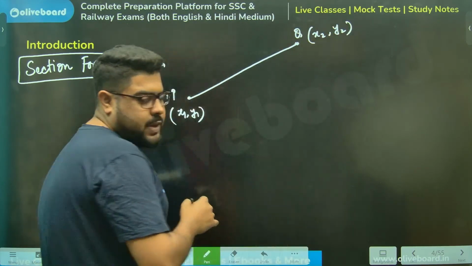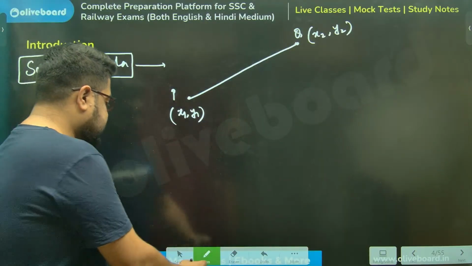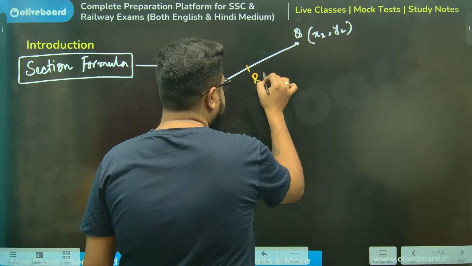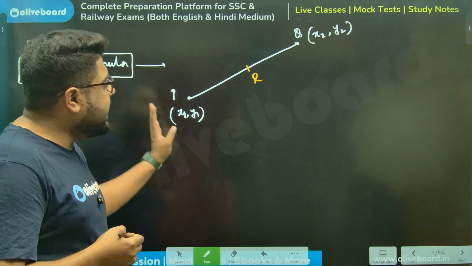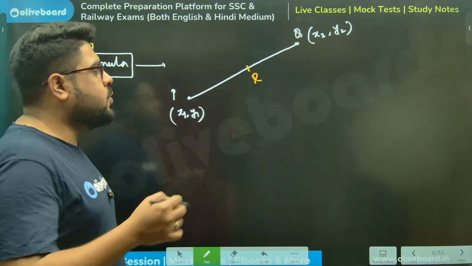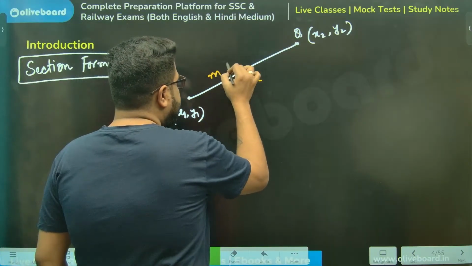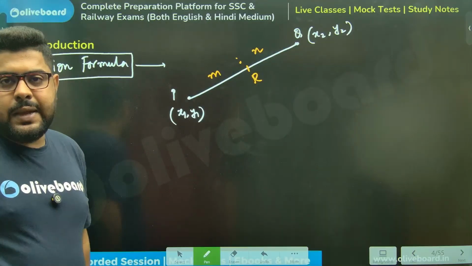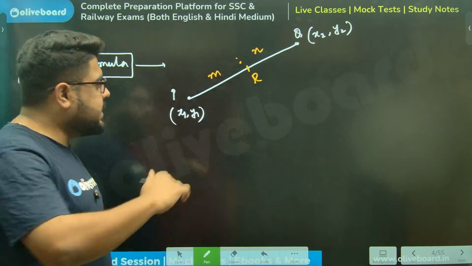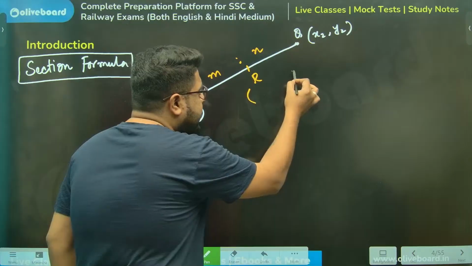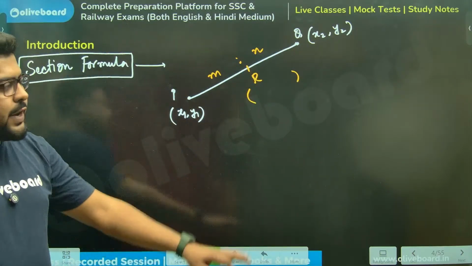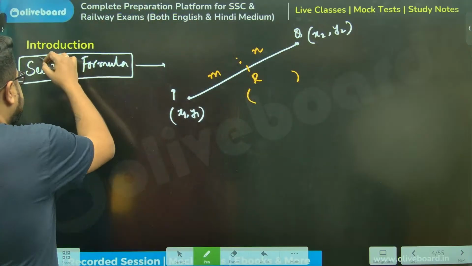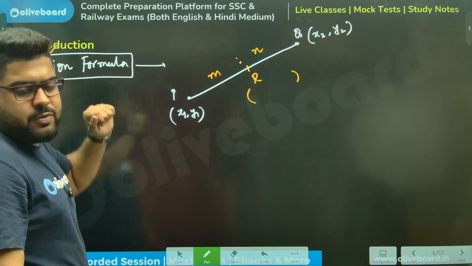And there is a point in between, let's say this is R, which is dividing the line PQ in the ratio of M is to N. Now they are asking, what is going to be the coordinates of R? This I can get by using the section formula.